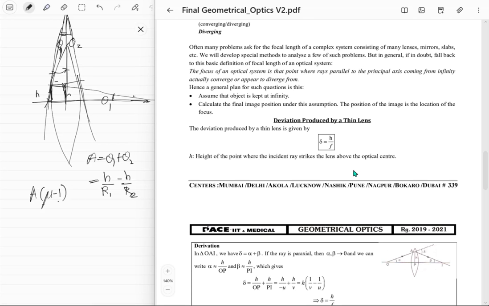So we'll say it's positive theta 1. So you just say theta is equal to h upon r for any surface. In this case, r is the signed quantity, and h is also actually a signed quantity. So your anti-clockwise angles are positive, of course.